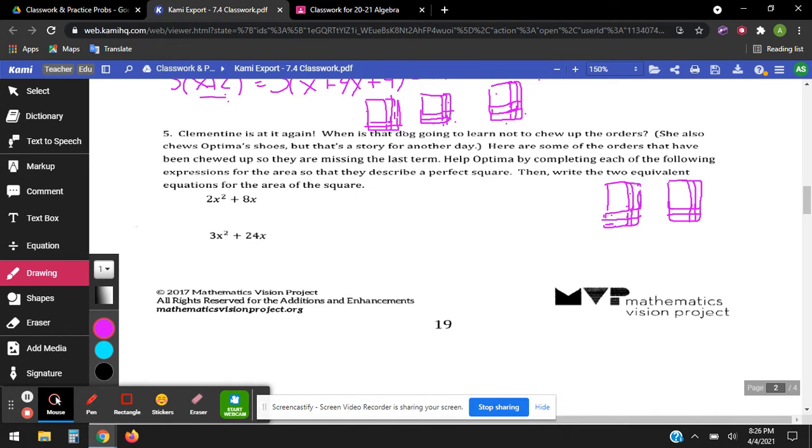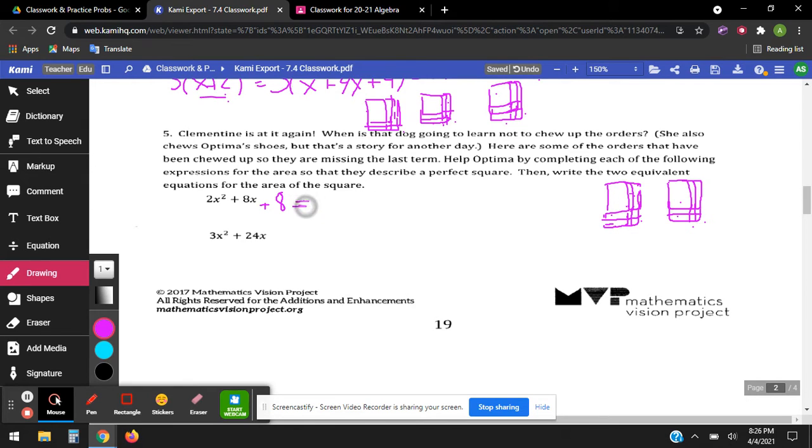So I have 2 x's. I have 2, 4, 6, 8, 2x squareds, 8 x's. So that gives me 4, 8 of my little boxes. Now, how does this work mathematically?